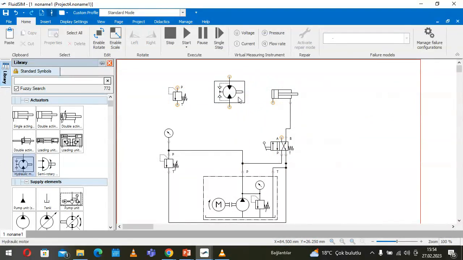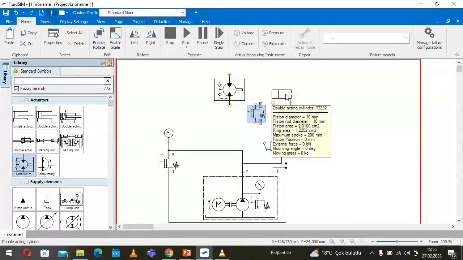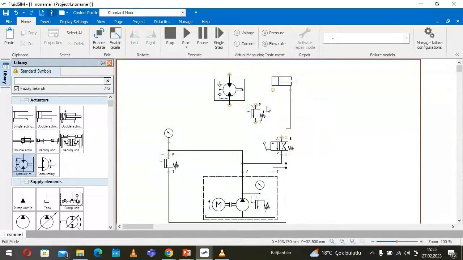After the piston arrives at its final position.